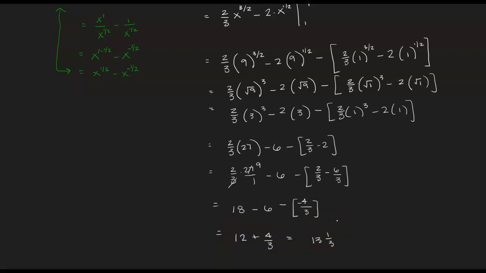And our final answer here is 13 1/3, or if you wanted to write this as an improper fraction, 13 times 3 is 39 plus 1, so we've got 40/3 for our final answer.